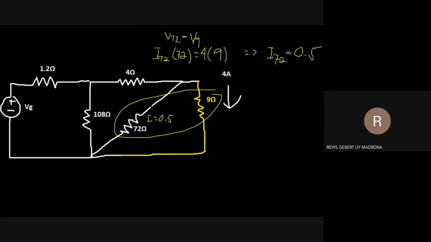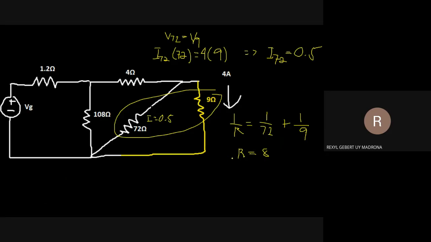And then since these two resistors are in parallel, we can combine them with the equation 1 over R is equal to 1 over 72 plus 1 over 9. And that will give us R is equal to, we just calculate that, 1 over 72 plus 1 over 9, and that would be 8.